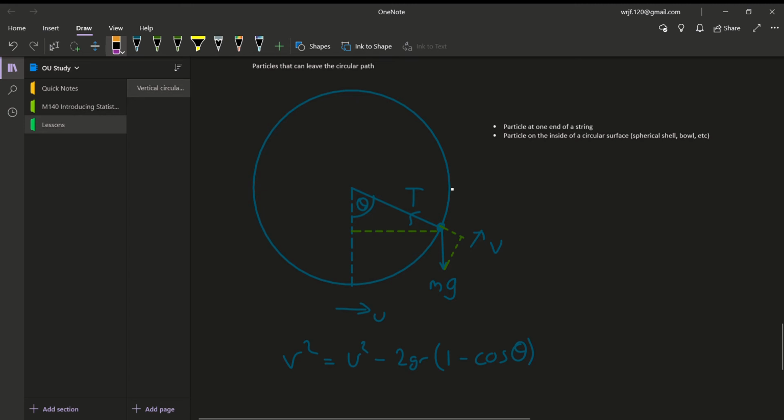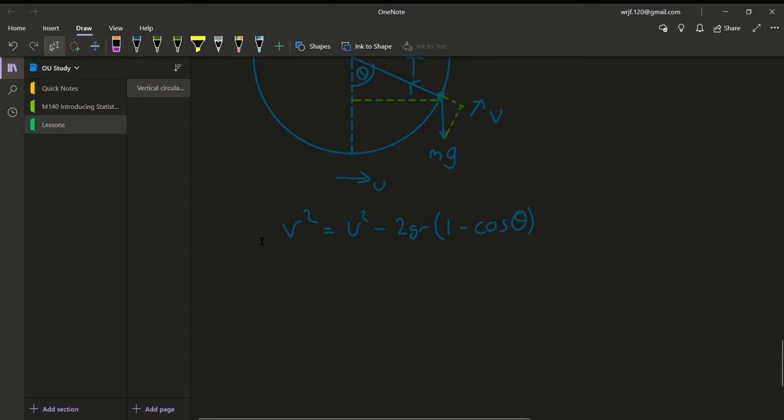So let's take that case first. Complete circles. So let me just make a note of that. That's what we're doing here. So for complete circles, what we need here is to have the tension being greater than or equal to 0 for all theta, and perhaps most relevantly for theta being equal to 180, but for all values of theta we want the tension to be greater than or equal to 0.